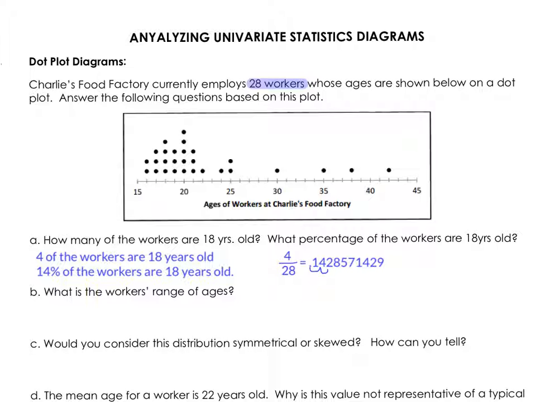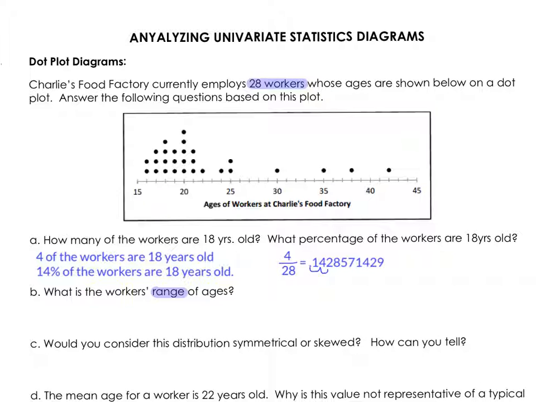B says, what is the workers' range of ages? Well, this comes up with another vocab word that we're going to be talking about, and it's range. We have talked about range in the past in relation to a graph. This is saying how much it is spread. So if I want to know the range of the data, I need one number to represent how much variation there is.